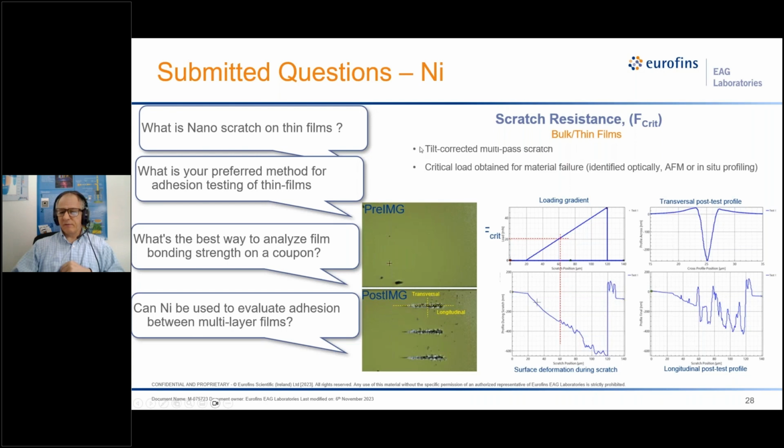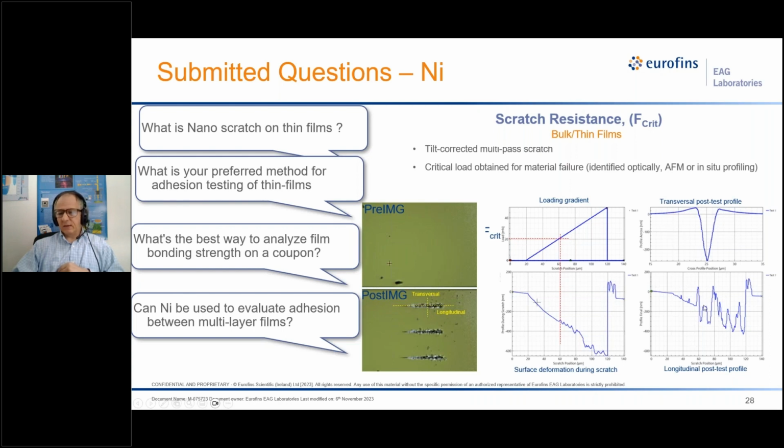So what's typically done is we perform a tilt-corrected multi-pass scratch. Typically the first pass is profiling, longitudinal. And then we take this topography into account to calculate the loading profile, apply it, and ramp the load. While we do this, we measure the normal displacement, and thereafter we do another longitudinal pass, like indicated here, this dashed line, and we can do perpendicular passes to look at the profile.